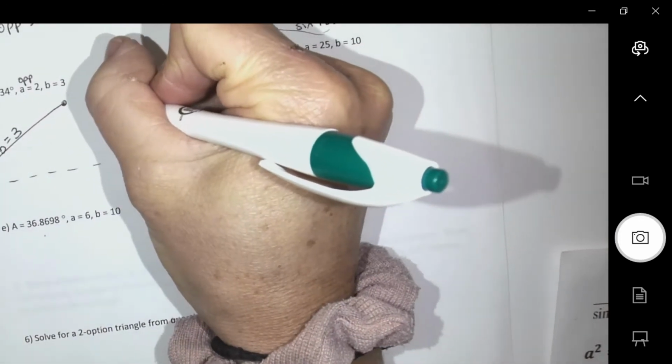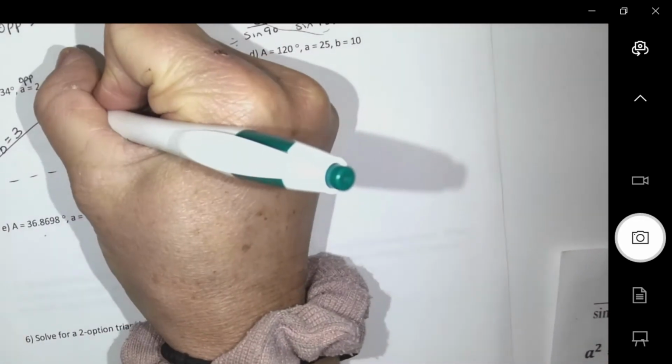Beside it is 3. I'm going to figure out how does the opposite side of 2, how does it fit into this? Okay, so let's get the height.